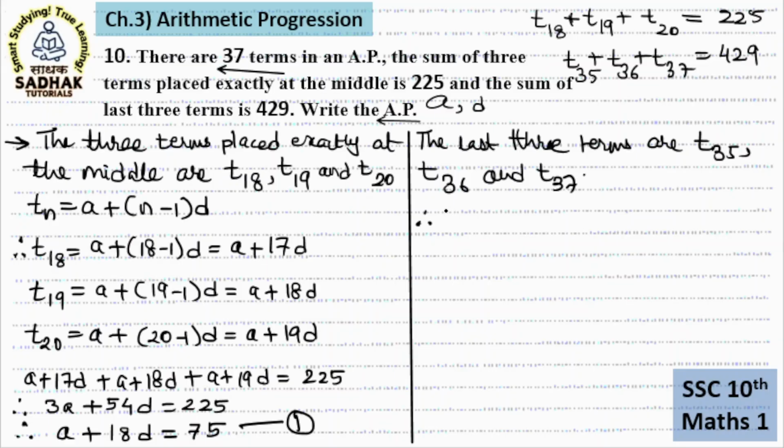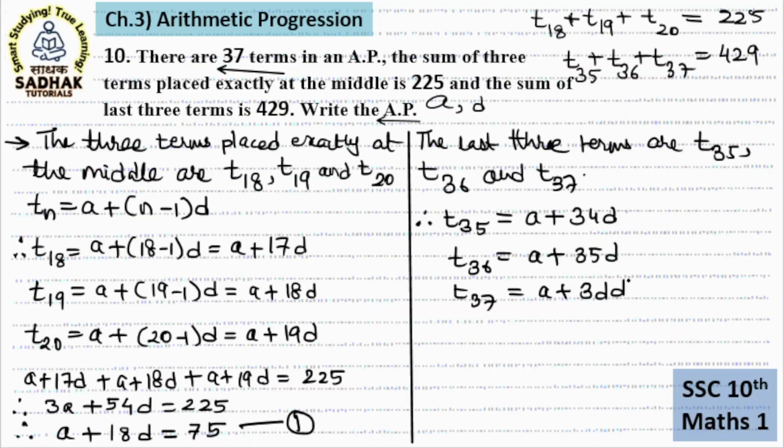So therefore T35 will be A plus 34D, right? Whatever term we are having, minus 1 will give us this D. And T36 will be A plus 35D, and T37, that is the last term, will be A plus 36D.